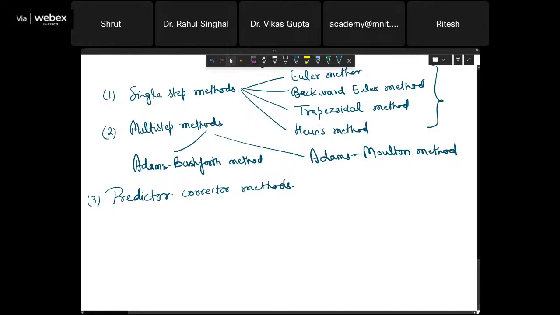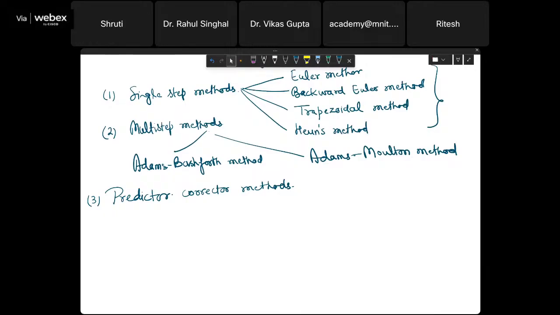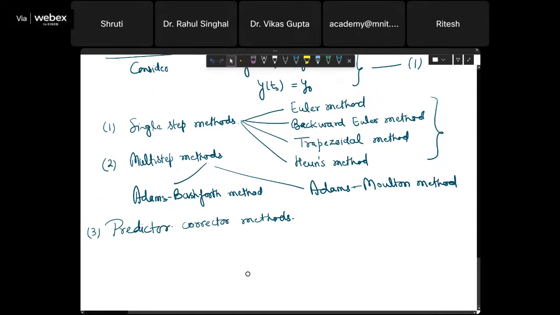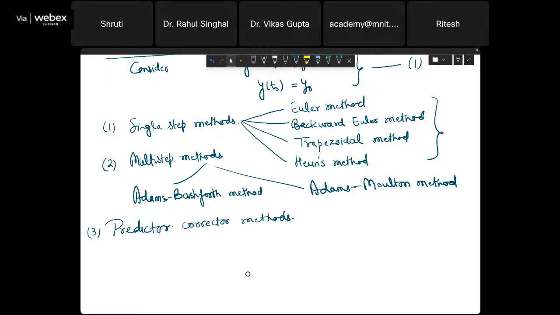we will start with the Euler method, but for that, first let us understand that when we talk about numerical methods for getting the approximate solution of this initial value problem, the approximate solution is not evaluated as a continuous approximation.